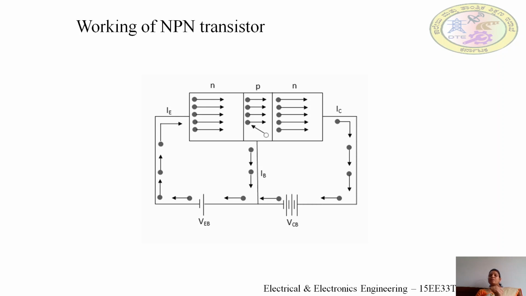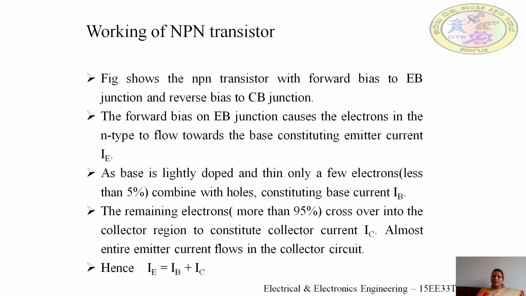So this reverse bias voltage will attract the electrons emitted by the emitter towards the collector. Hence, most of the electrons cross over to the collector junction. Hence, we can say that the total current that is emitted by the emitter is equal to the base current plus collector current. So that's all that we have in the slide.